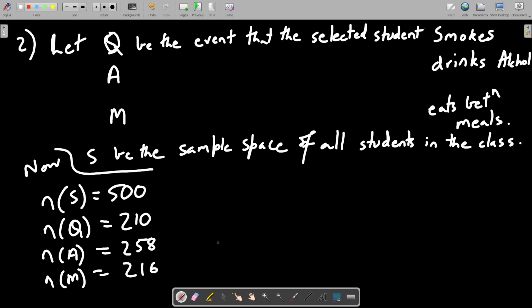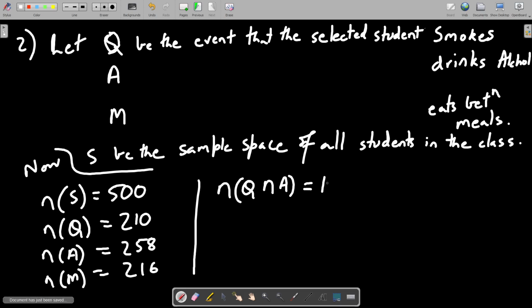Okay, so next, how many people are there in the intersections? How many people are smokers and drink alcohol? Just check and tell me. Smokers and drink alcohol: 122. Then smokers and eat between meals: 97.